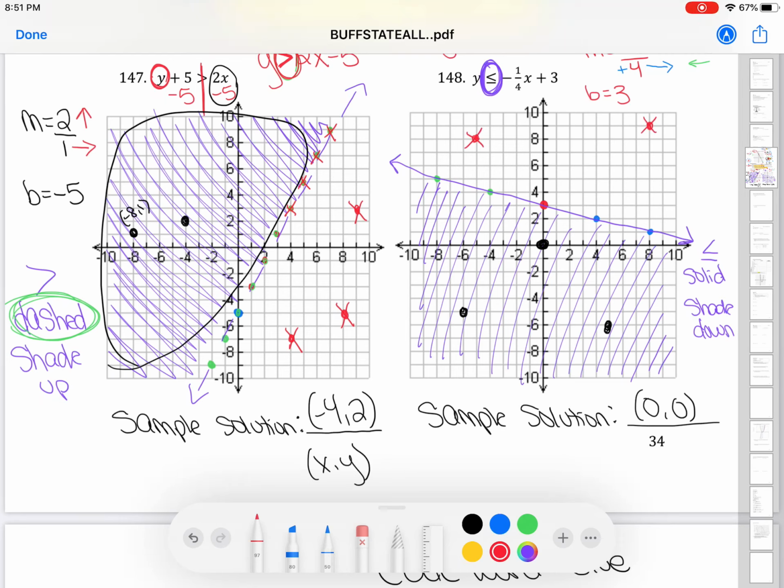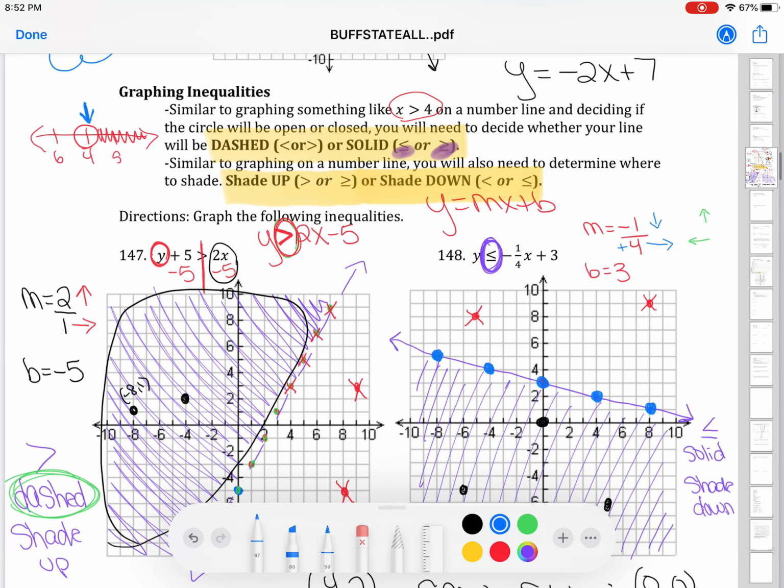Points that don't work for this one, again, up here is a no-no because it's not in the shading. Something that's a good point that wasn't a good point in the last example is this point right here. All of the points on the line are included in the solutions for this graph because of that or equal to concept.